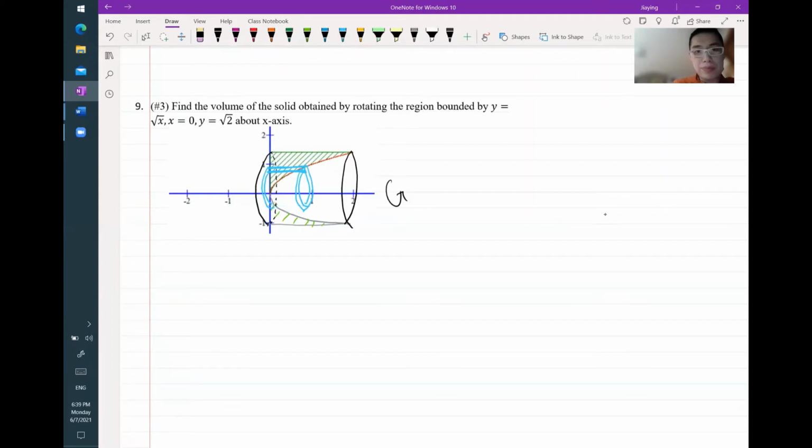Oops, I didn't draw it correctly. So that should be the cylindrical shell I have in the middle in this diagram. So imagine you get a lot of these horizontal cylinders, and then you piece them together, you get this solid from rotating the shaded region.